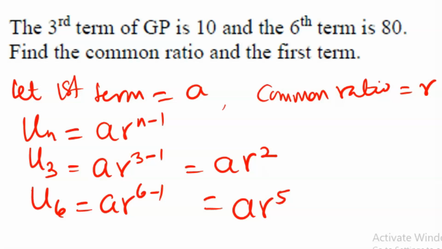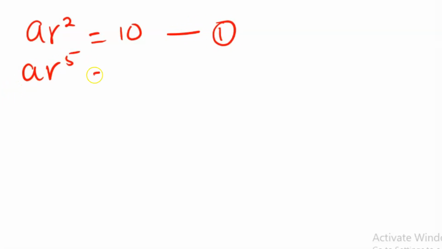And we were told that the third term is 10 and the sixth term is 80. So ar^2 is equal to 10, that will be our equation 1. And then ar^5 is equal to 80. That will also be your equation 2.